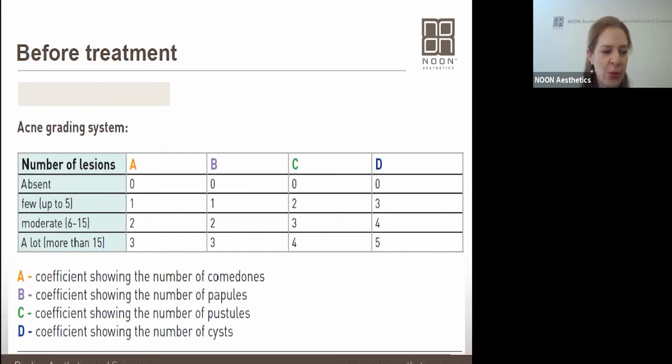What we actually do here is we count how many comedones, how many papules, and how many pustules there are. We sum it all up, and then we can understand what kind of acne is there, if it's mild, moderate, harsh, or severe. We go to the right protocol in the guidebook, and then we know first how to treat in the right way in the clinic, and also what are the best products to give to the patient at home.